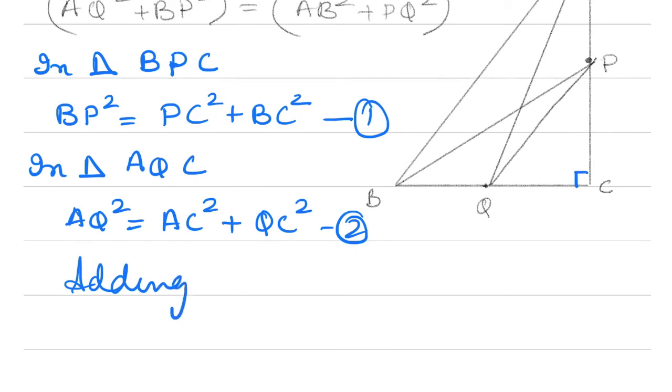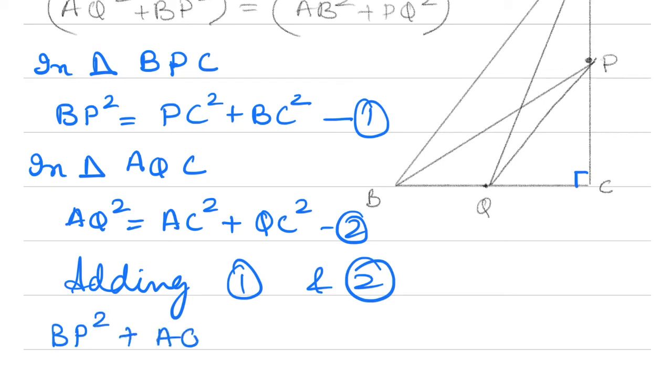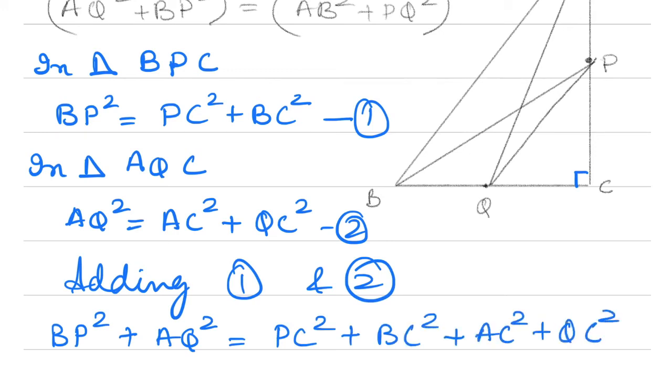Adding 1 and 2, we get BP square plus AQ square is equal to PC square plus BC square plus AC square plus QC square.